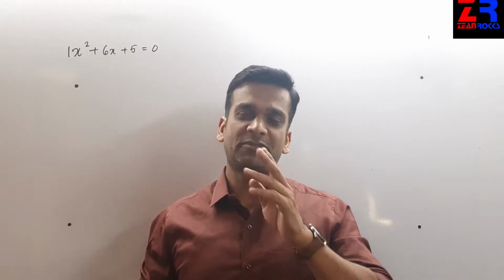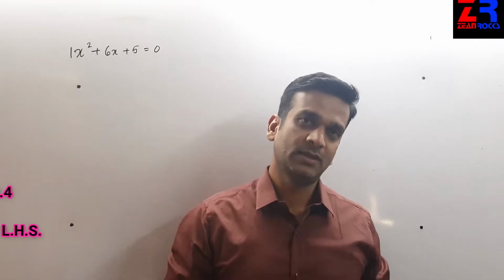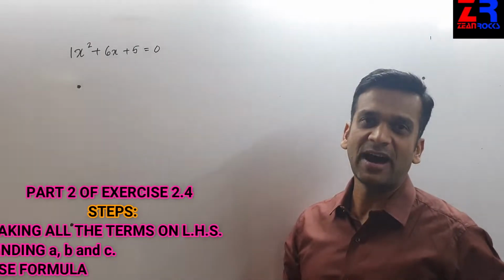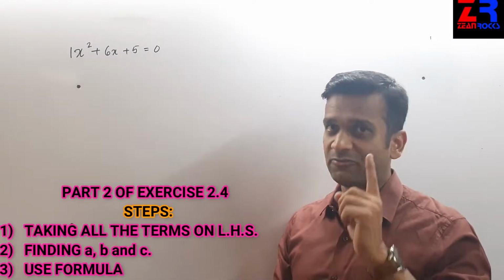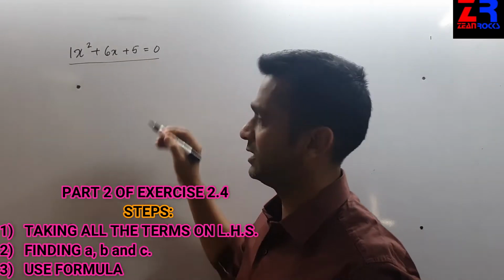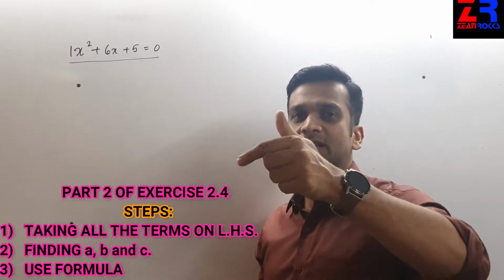The second part of exercise number 2.4 talks about using the formula. Question number 1 is x square plus 6x plus 5 is equal to 0. The first step to solve a formula method question is comparing this question with ax square plus bx plus c is equal to 0.